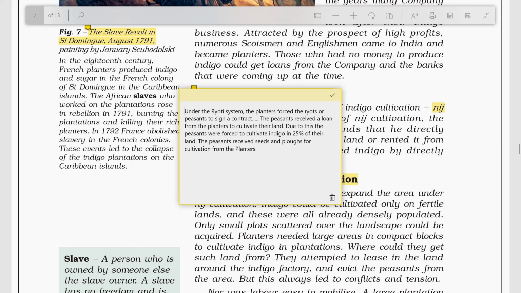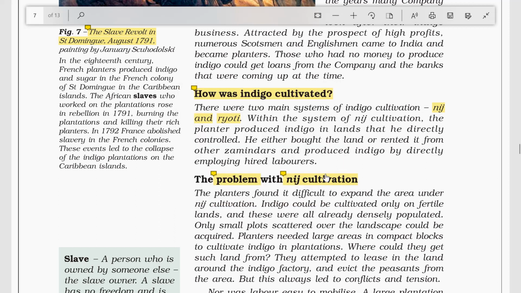The peasants received seed and plots for the cultivation from the planters itself. So they were providing them plow and seeds, and even giving them a loan for indigo cultivation, and it was a contract that on 25% of their land they had to cultivate the indigo.